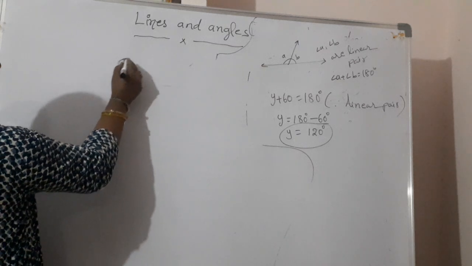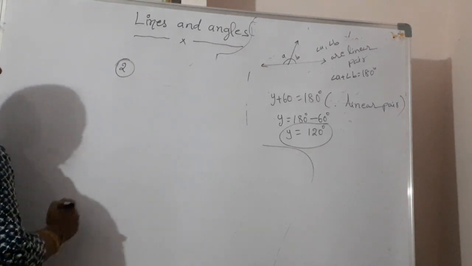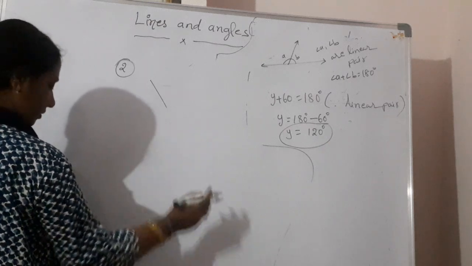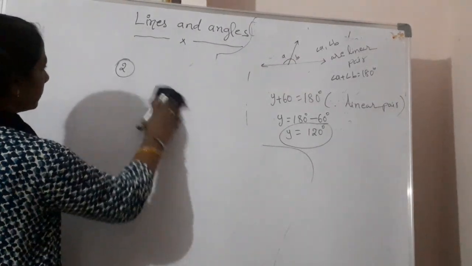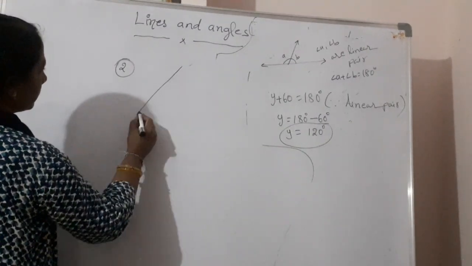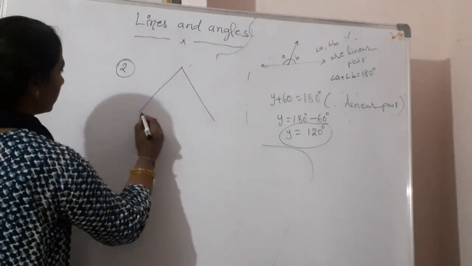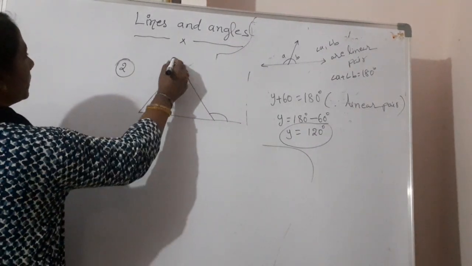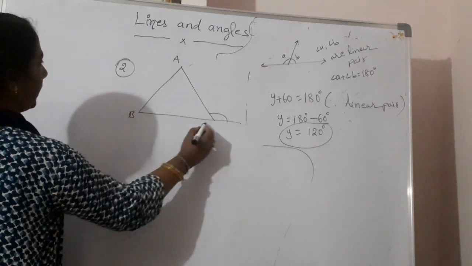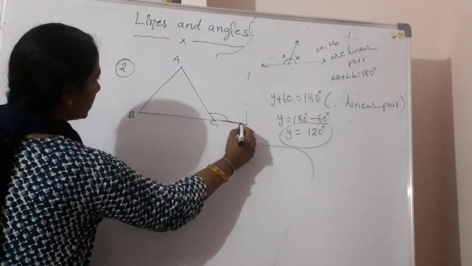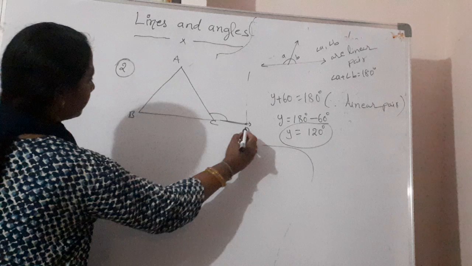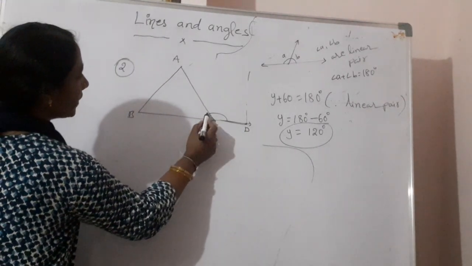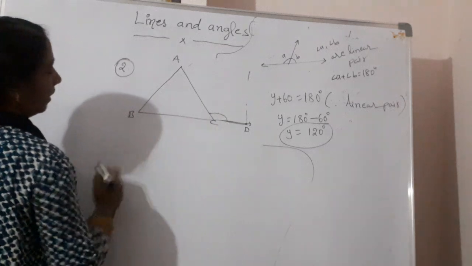Next, second problem. ABC is a triangle and let's produce this up to D. When you extend one side of a triangle, we can see the exterior angle.